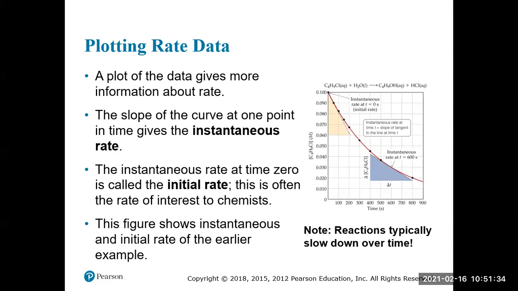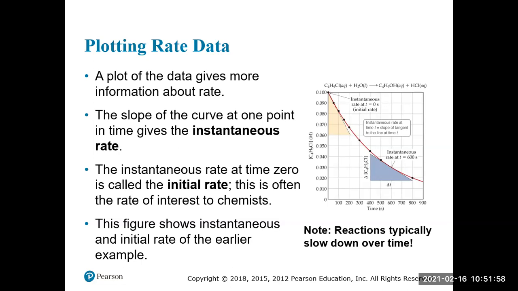So here's where we left off last lecture. We talked about plotting rate data and how you can draw the tangents and get instantaneous rate values and things like that. You can also get the initial rate, the T0 rate as well.